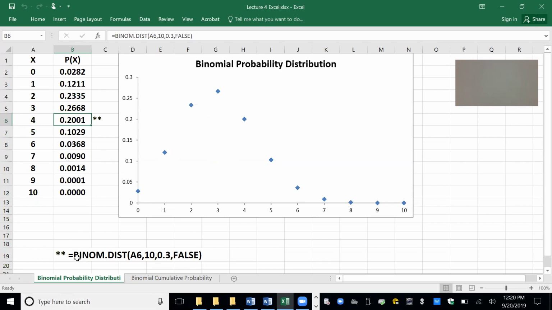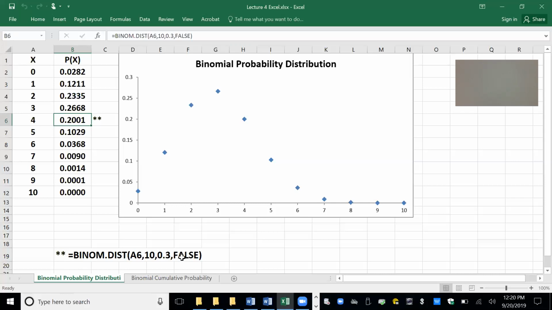Now to call the binomial function, so what did I do for this particular cell right here? Okay, I say equal, B-I-N-O-M. Give me the binomial dot distribution, find me the probability for whatever's in A6, which was 4, given that n is 10, p is 0.3, and false. What is that?